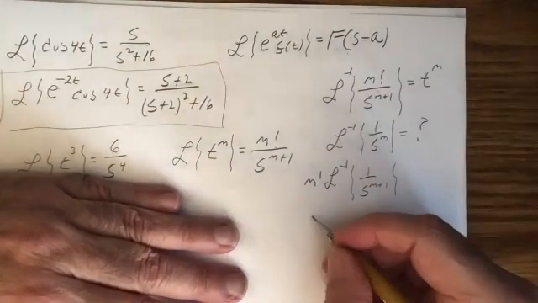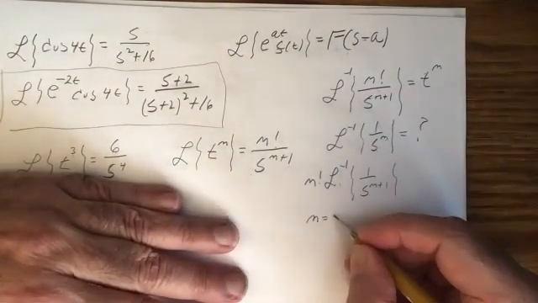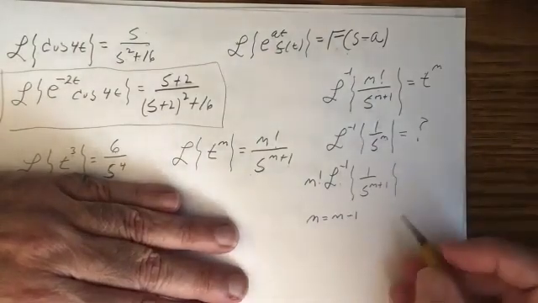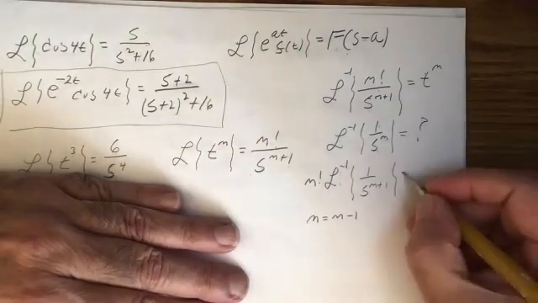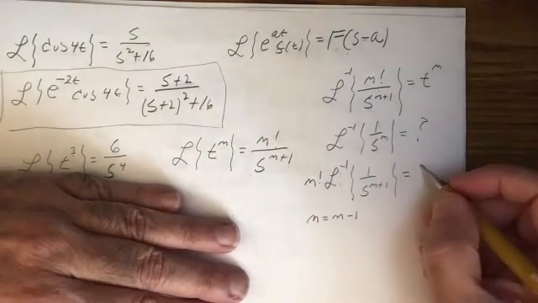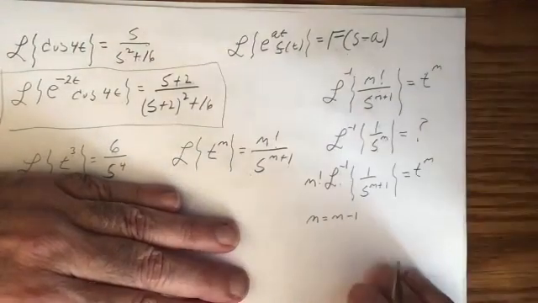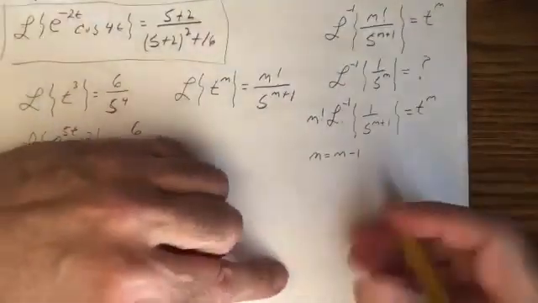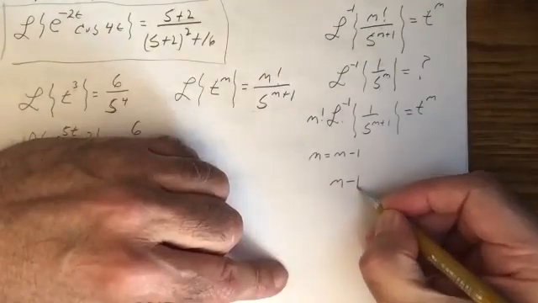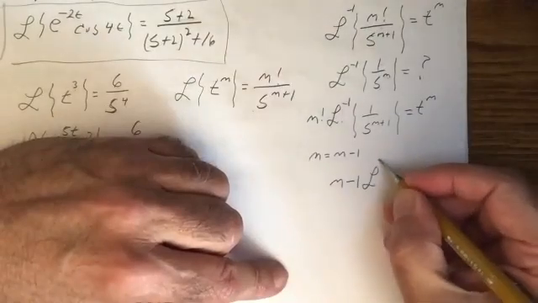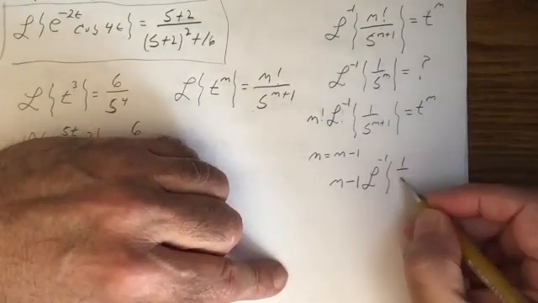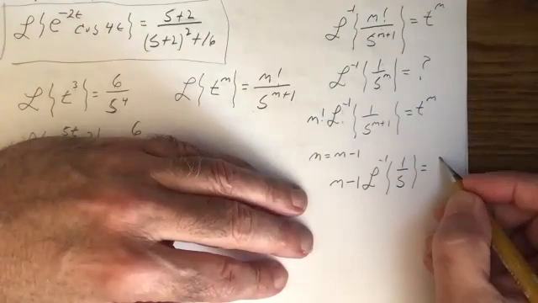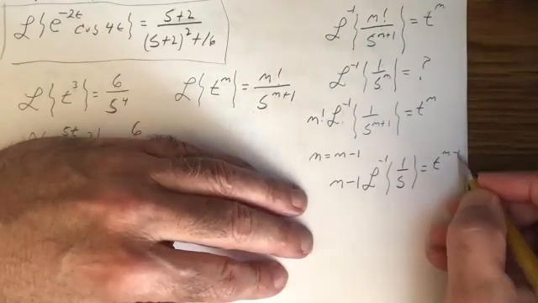And then I say, okay, let n become n minus 1. This is still t to the n. If I let n equal n minus 1, then this is going to become n minus 1, the inverse Laplace transform of 1 over s, right? And then this is going to be t to the n minus 1.